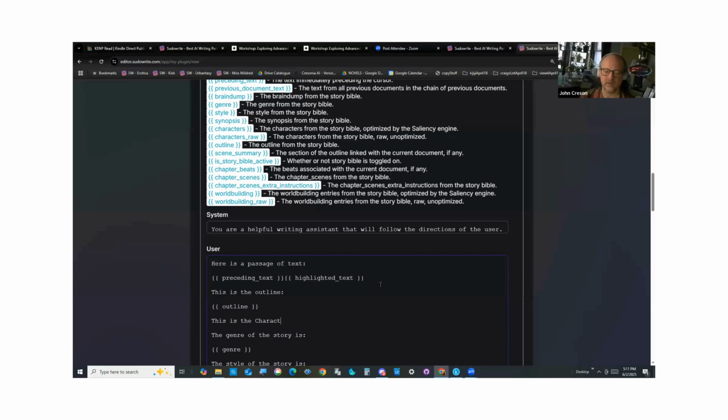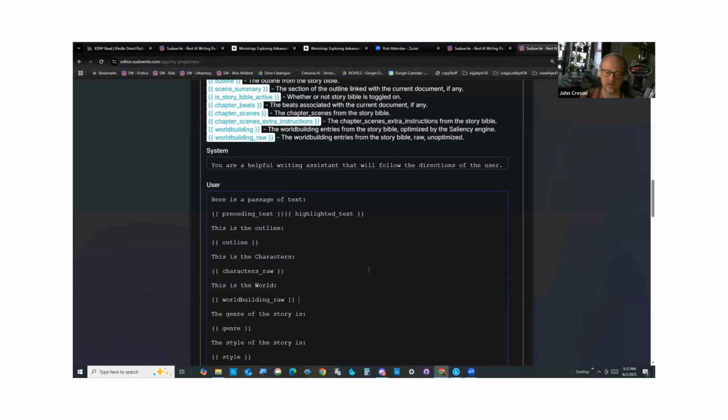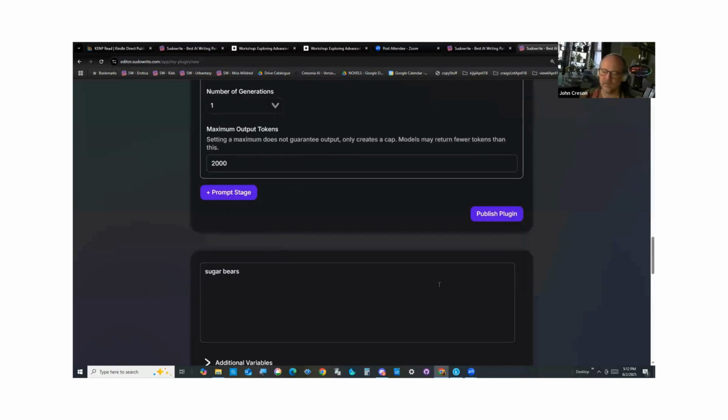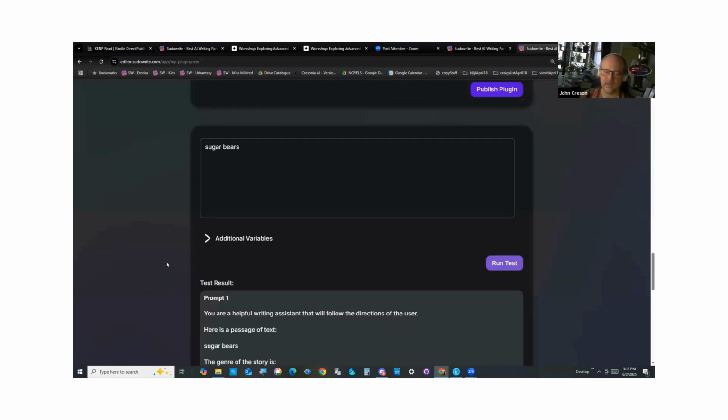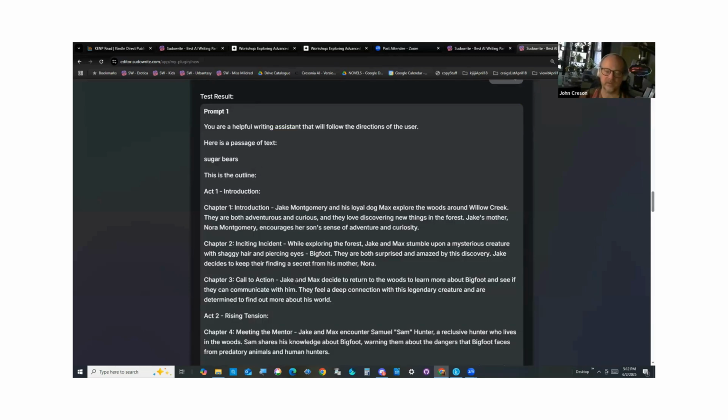Characters raw. This is the worldbuilding raw. If you run that test, it's kind of fun when you fill that stuff in, because then you see all the stuff that fills in.